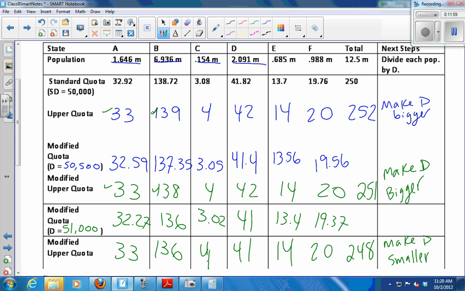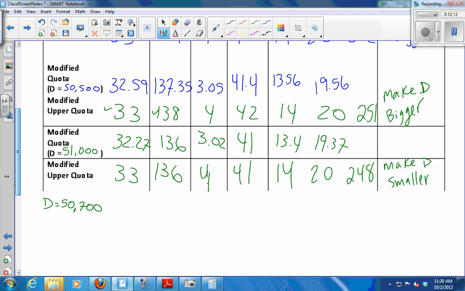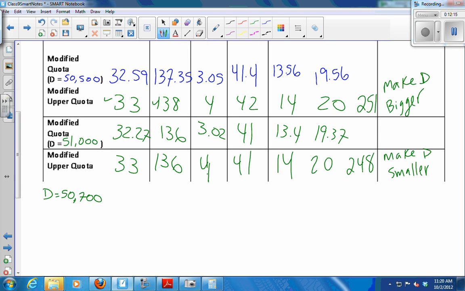So what's that come out to? We lose 2 here and 1 there, so we lost 3. Yeah, so it's 248. Yep. Can you read off the quotas for 51, for 57?